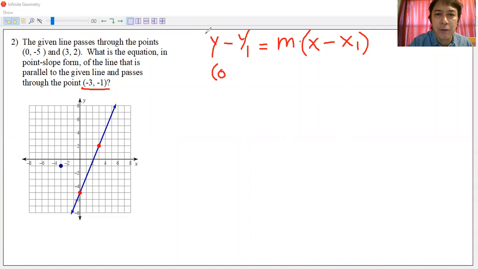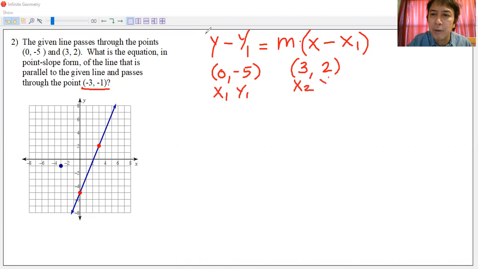We have (0, -5) and we have (3, 2). Let's take this as our x1 and y1, and take this our x2 and y2. There. All right, so we can compute for the slope.